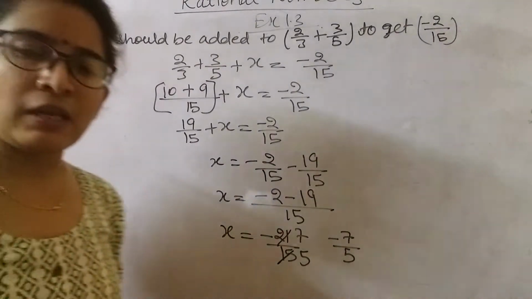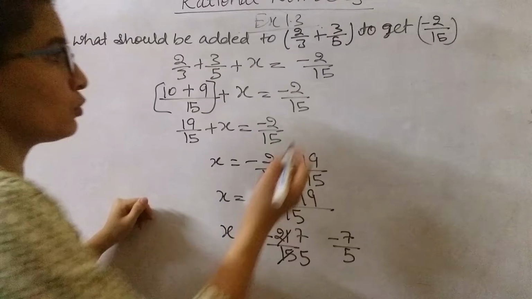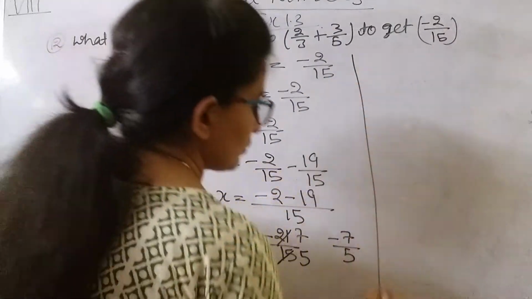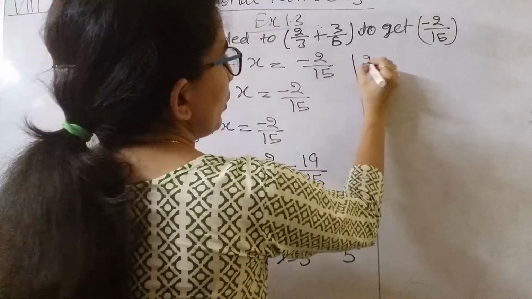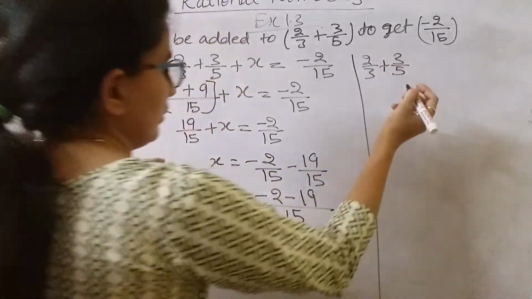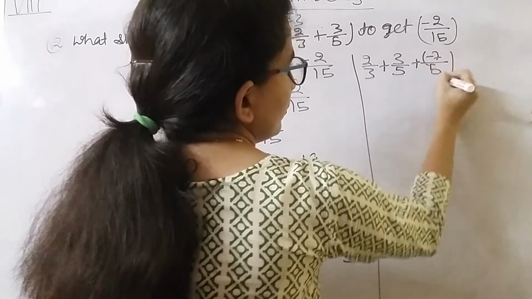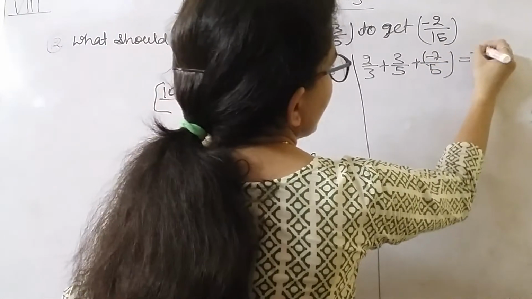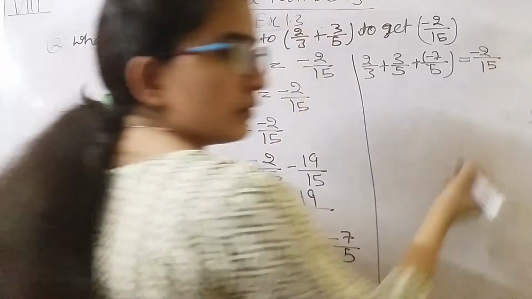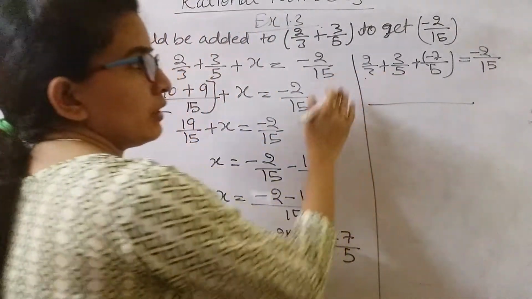Now we have to check the value of x by putting it here. So we will have 2 upon 3 plus 3 upon 5 plus minus 7 upon 5 equals to minus 2 upon 15. So we will take LCM of these three numbers.